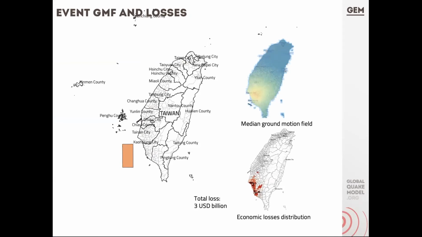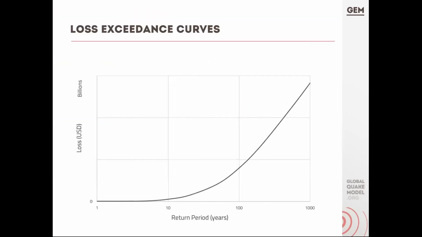So what we'll do is generate it for many events. And for each event, I will store what is the total loss. So I will say for the event with a magnitude 7 located in the southwest of Taiwan, the losses are 3 billion. So I will start building this curve.